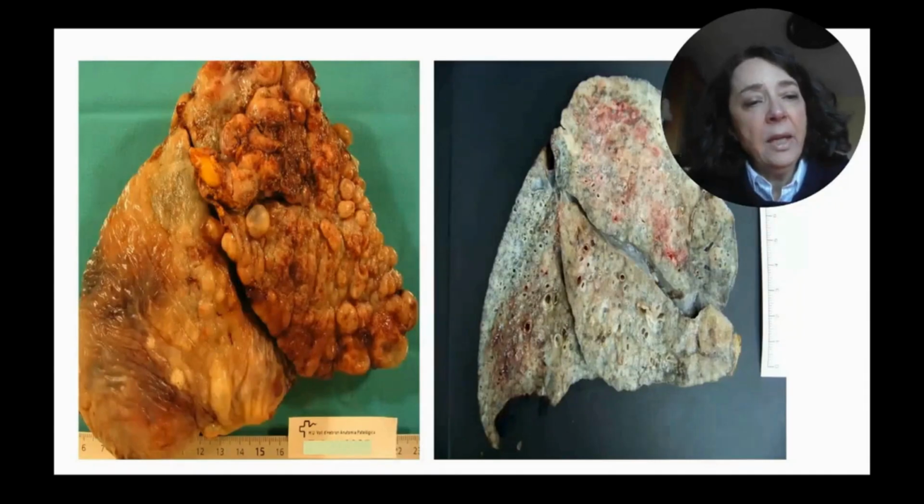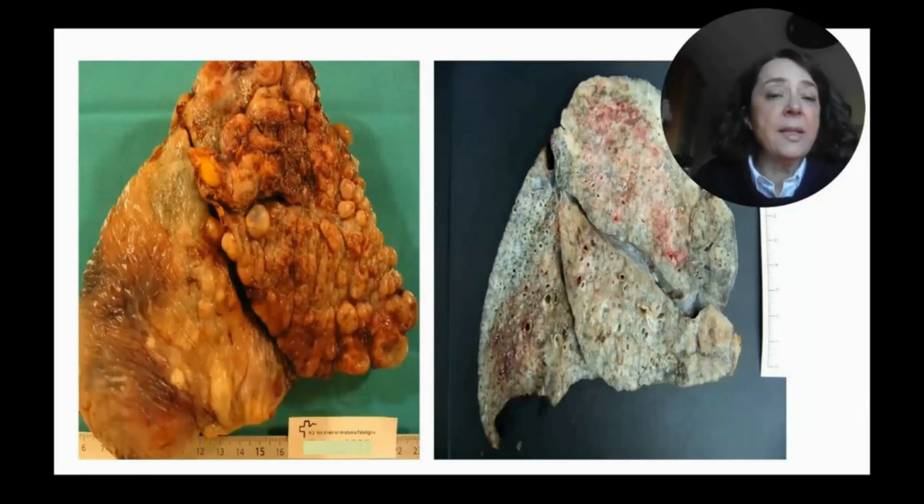Langerhans cell histiocytosis is an entity that mainly affects the upper lobes. So it is important to take enough blocks from the upper lobe and the lower lobe. In NSIP, it's not always the same, but it's a predominantly diffuse pattern.